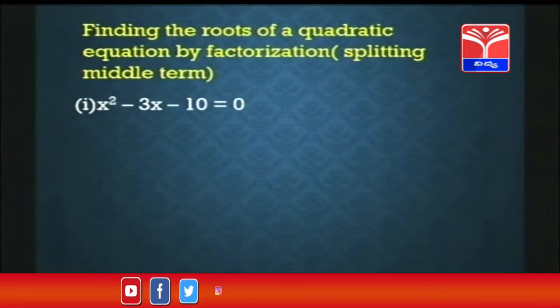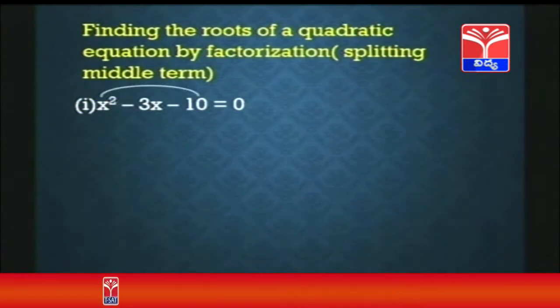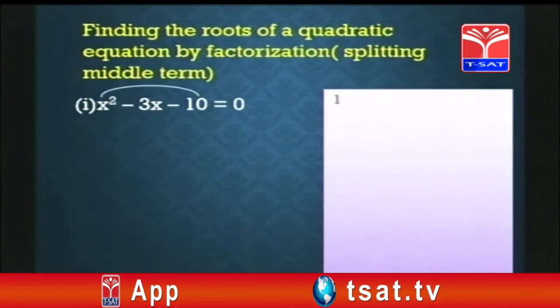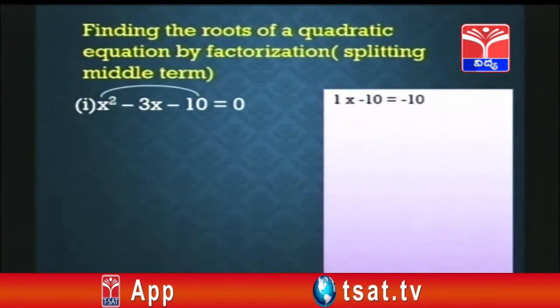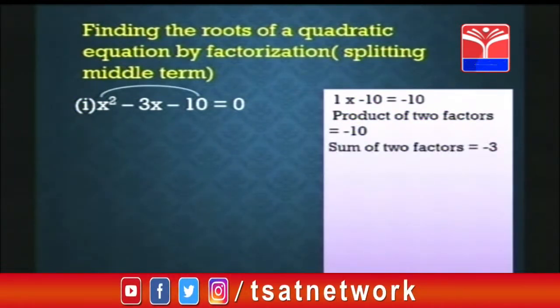Let's consider an equation x square minus 3x minus 10 is equal to 0. Now when we multiply the coefficient of x square with the constant, I get it as 1 into minus 10, which is minus 10. So the product of two factors comes out to be minus 10 and the sum of two factors should be minus 3.